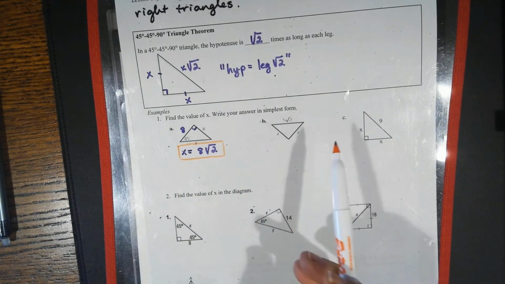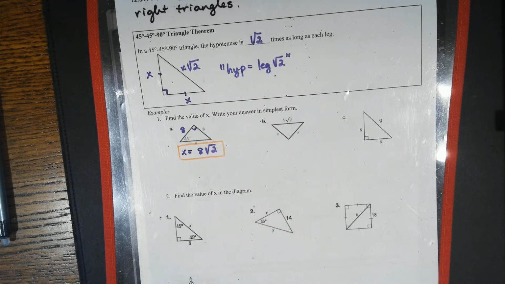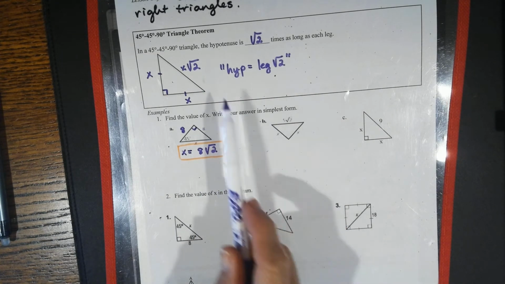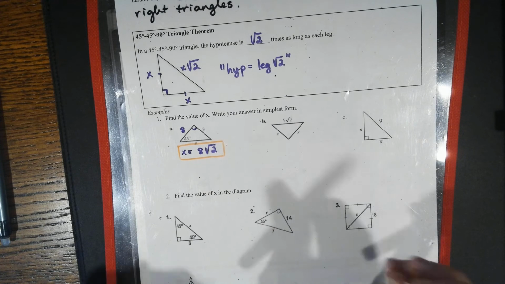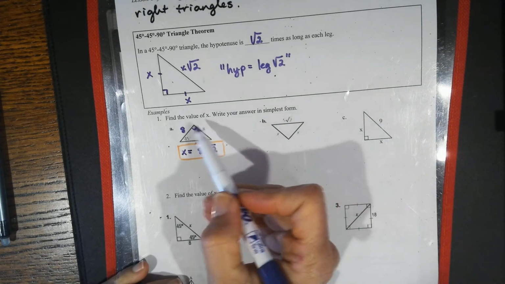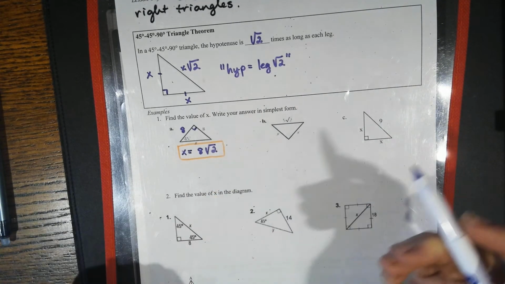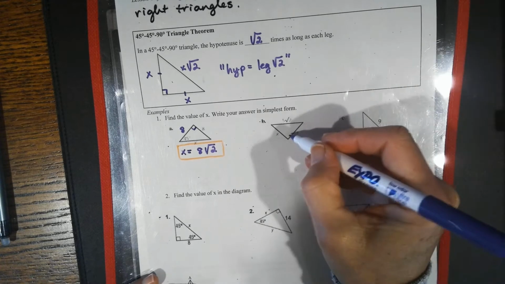Now, if you did the Pythagorean theorem like we did earlier, you'd still get the same thing, but we can use this ratio, the x and the x root 2, to just go straight to the answer.